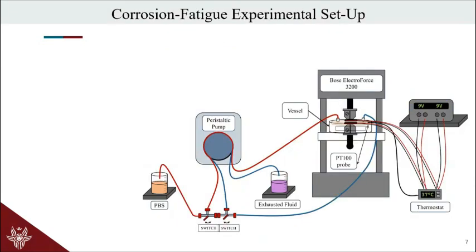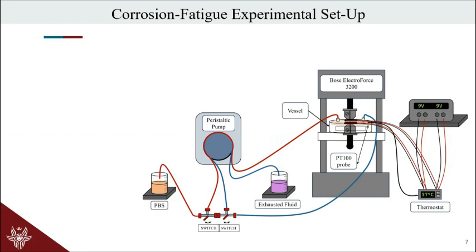Given this, how can we test these miniaturized specimens for corrosion fatigue? We had to build some in-house setups. Usually for air-tested specimens, we employ a Bose ElectroForce equipped with a 200 Newton load cell.